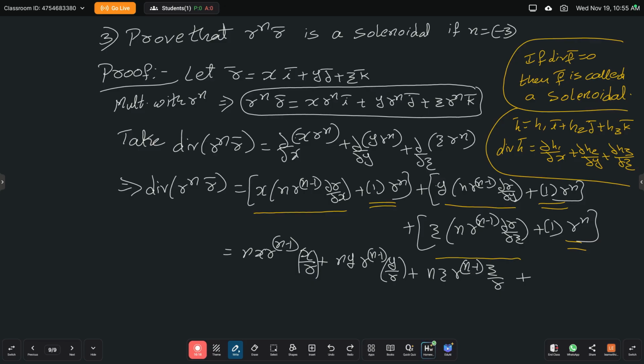Plus, if you observe the underlined terms, r^n, r^n, r^n, how many times? 3 times. So 3 into r^n.